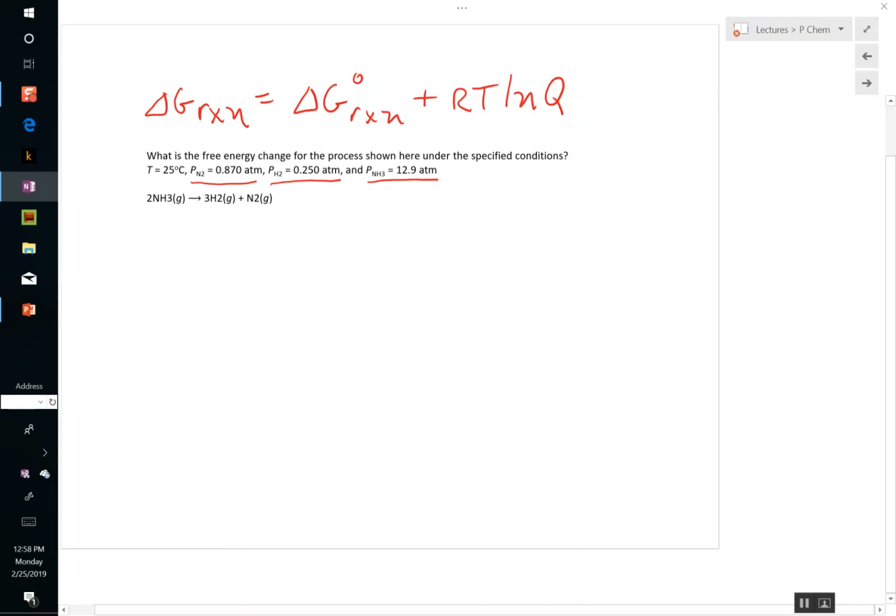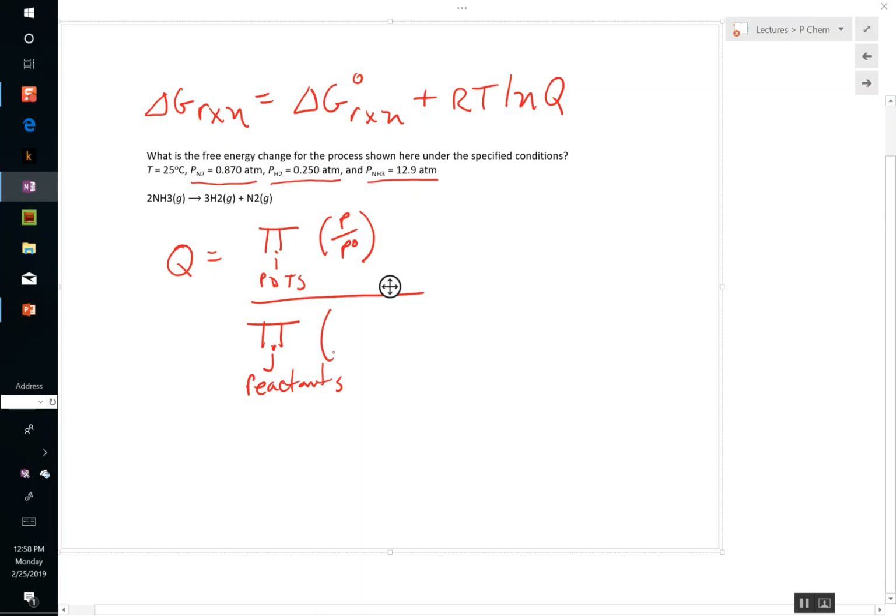But remember, Q is the product of the partial pressures over standard pressure of the various products. Now this is J, this is reactants.